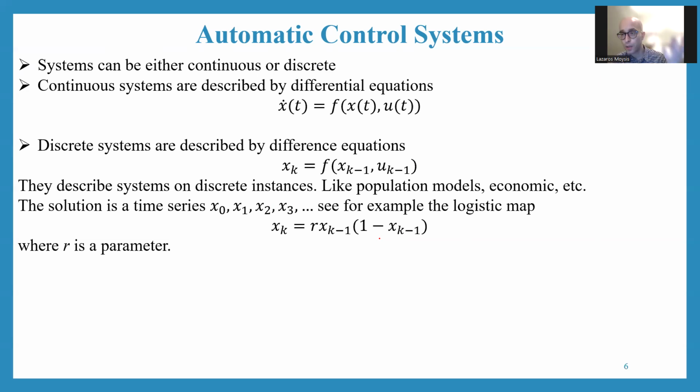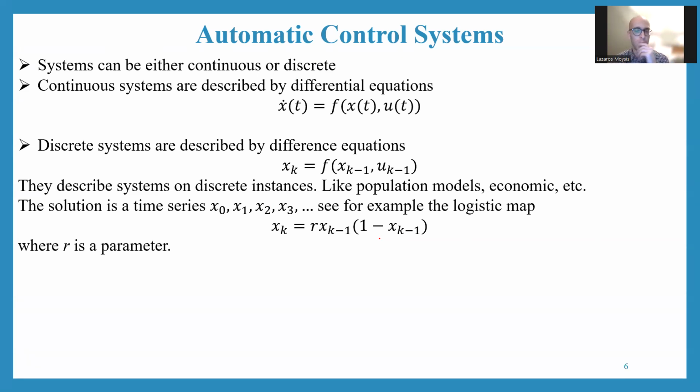A mechanical system, for example, evolves continuously in time. But let's say you are looking at an economic model and you are taking some measurements at the end of each month. So you are observing the model at discrete instances, every single month. This model is better modeled and analyzed through discrete time.